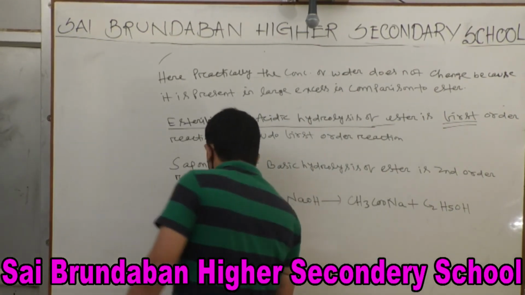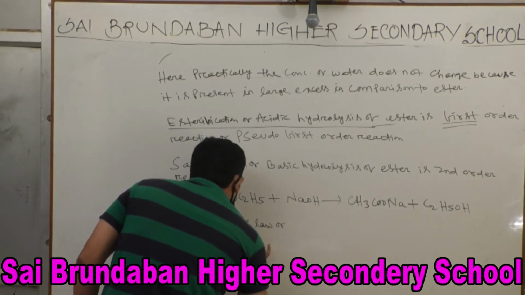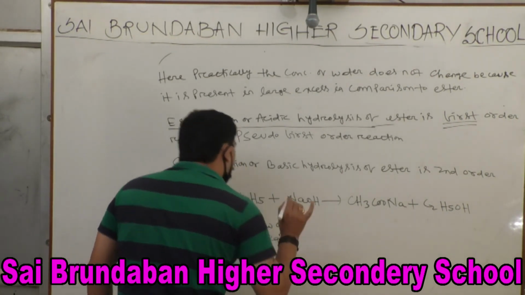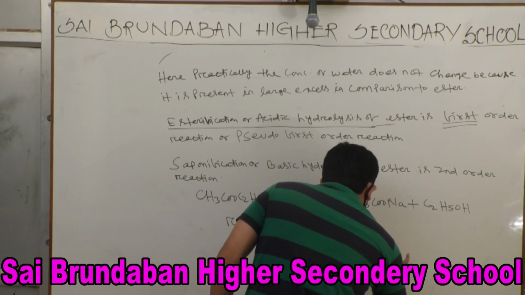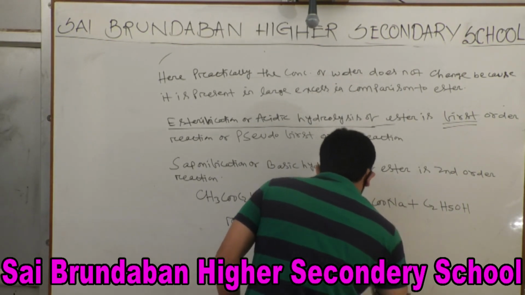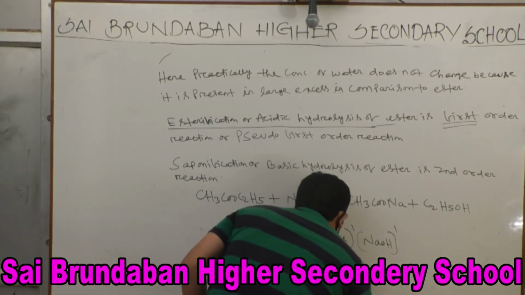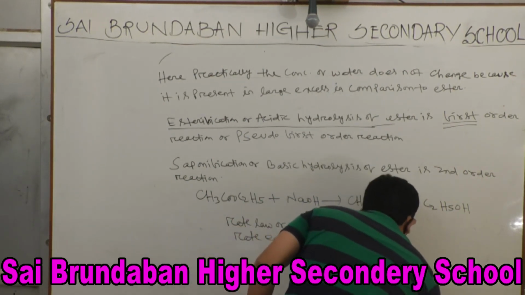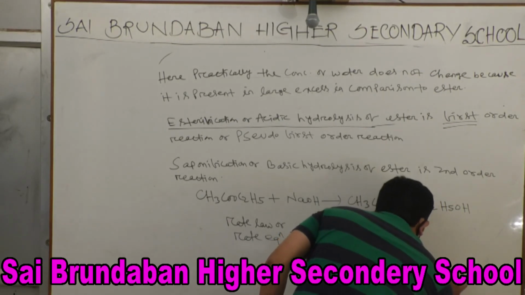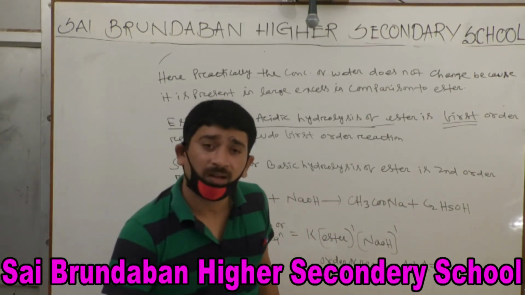Here for this reaction the rate law or rate equation equals K ester to the power 1 NaOH to the power 1. Order of reaction equals 1 plus 1, that is 2.